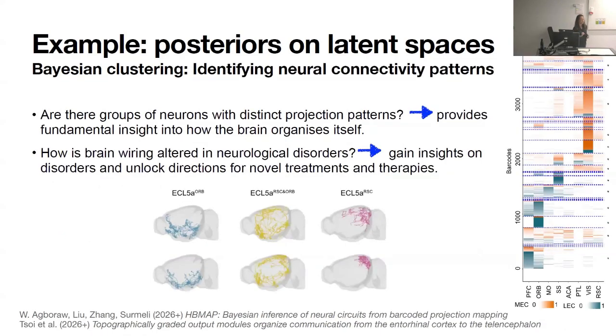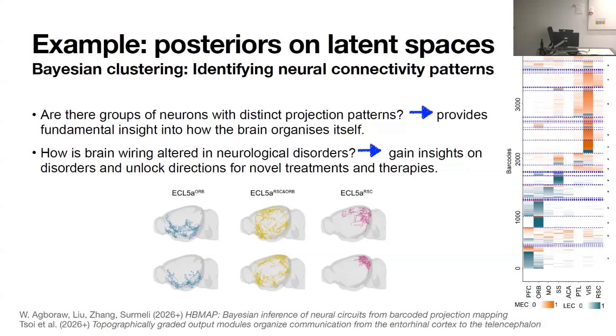Just to introduce one other example that I'll come back to later, this is still an example of clustering, but this is an application where we're trying to identify neural connectivity patterns. We're interested in different questions. The two main ones: are there groups of neurons with distinct projection patterns? This helps to provide fundamental insight into how the brain organizes itself.